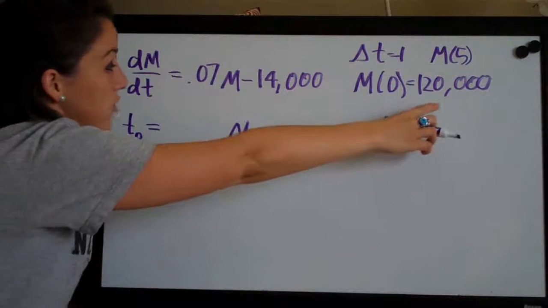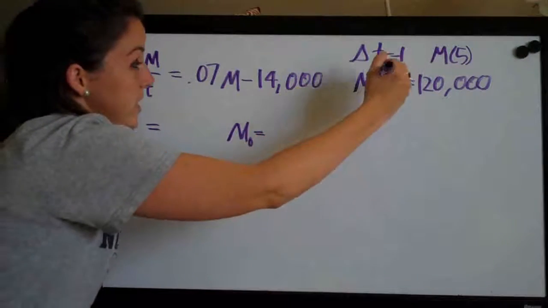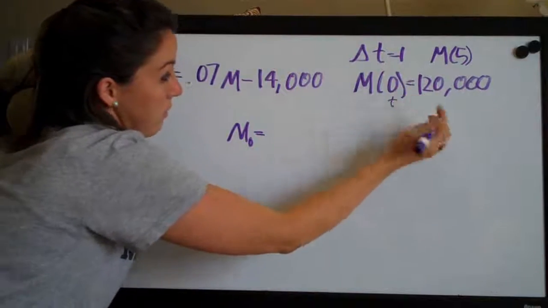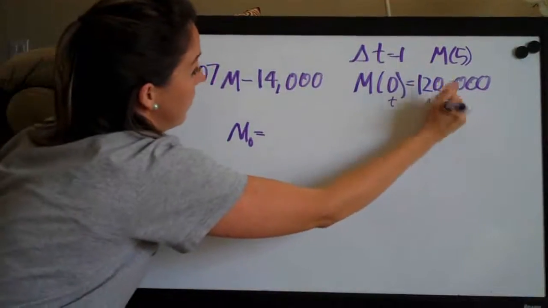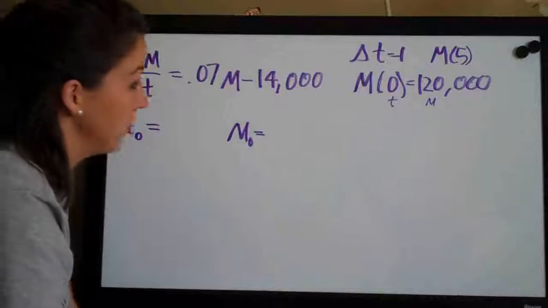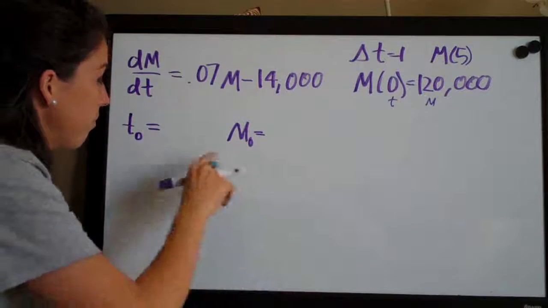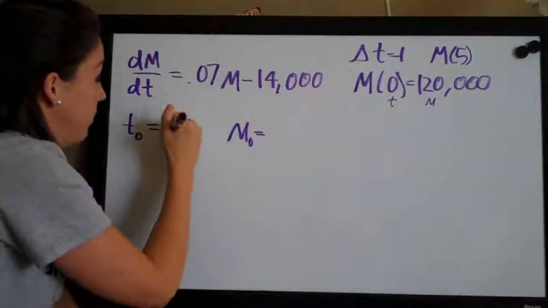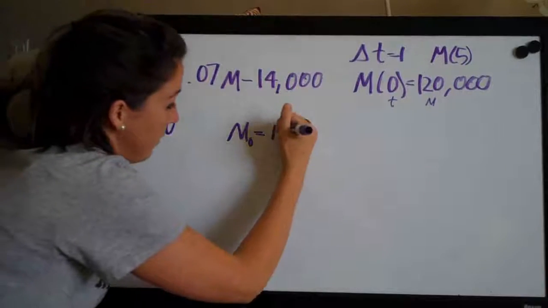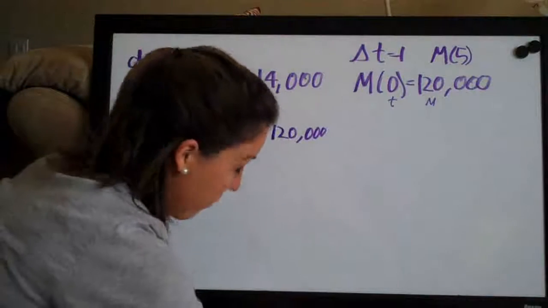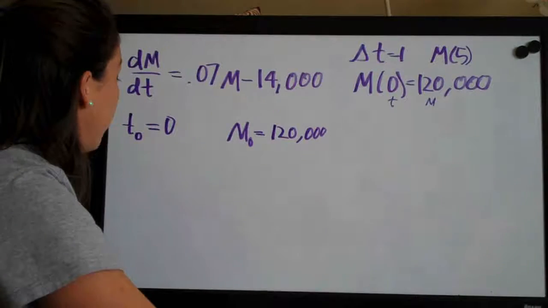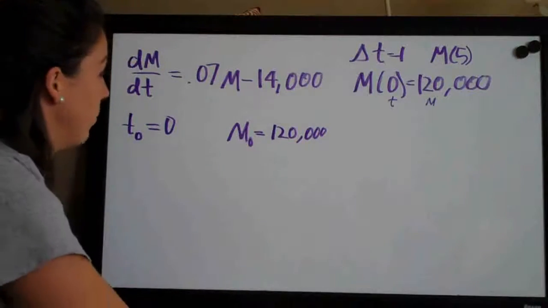They come from the initial condition. So t is this number here because it's m of t, right? And then m is this number when we're given an initial condition like that. So we say t is 0 and m is 120,000. Okay, so that's our first row of our table.